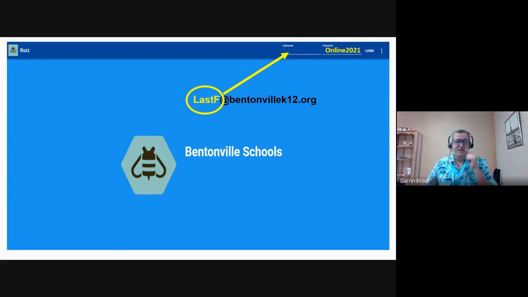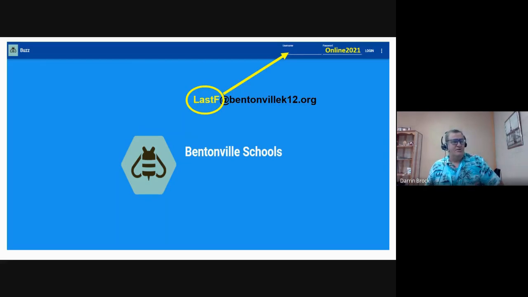Now, if you were on Buzz last year, it's possible your last year password may still be the active password. But if it's been reset this year, or you had to be added this year, this would be the password currently being used. So make sure you can log on to Buzz and get in there to see our class.